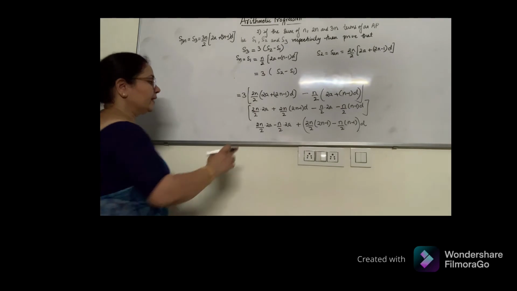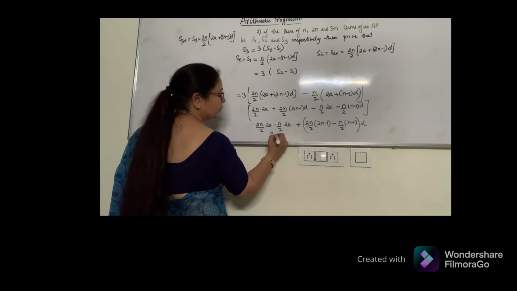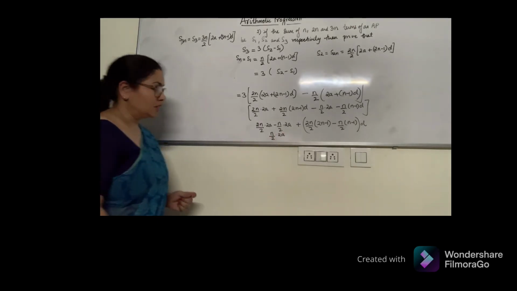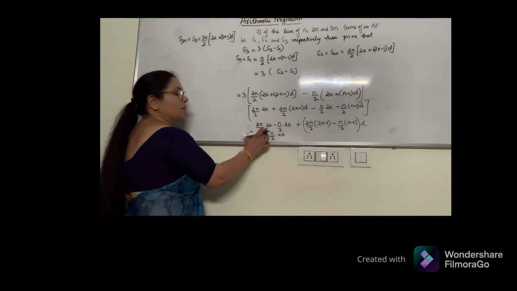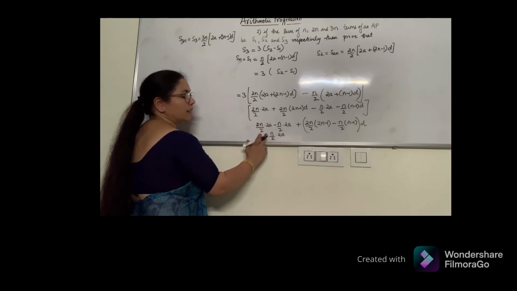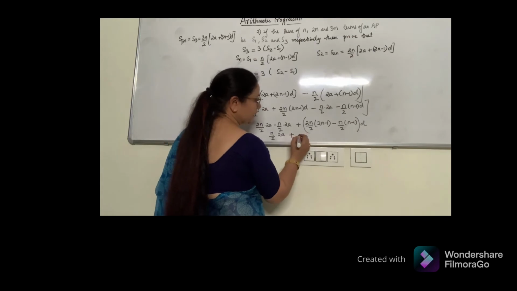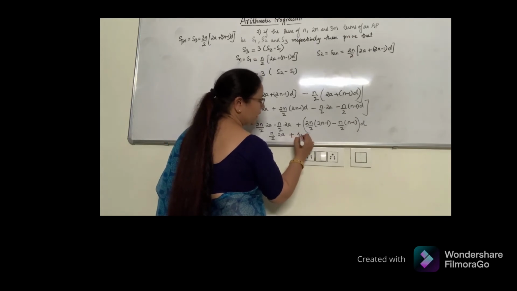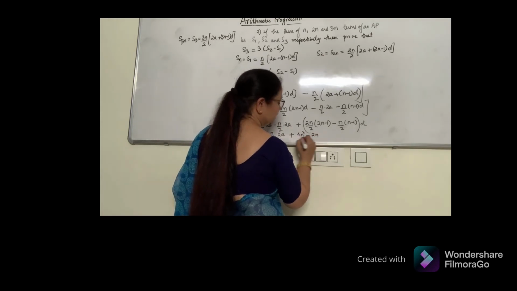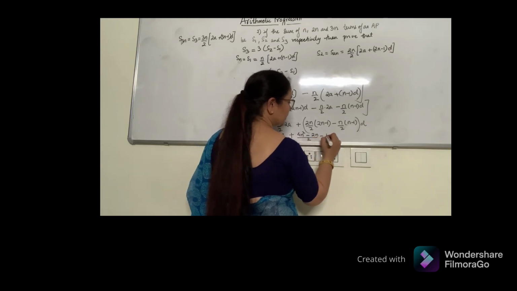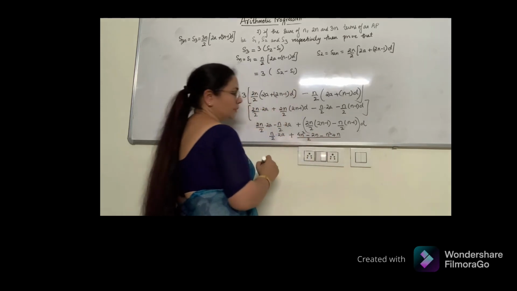When I subtract, I will get n by 2 dot 2a. From 2n by 2, if I subtract n by 2, I'll get this: taking 2a common, 2n by 2 minus n by 2 gives n by 2. And similarly here, I'll open the brackets. That is 4n square minus 2n over 2 minus n square plus n, and 2 is common.